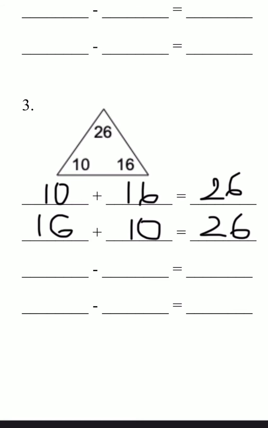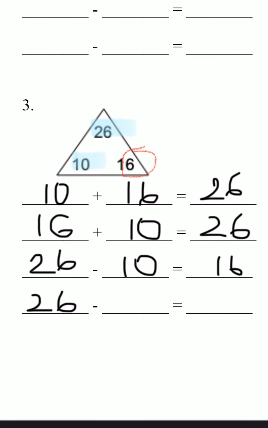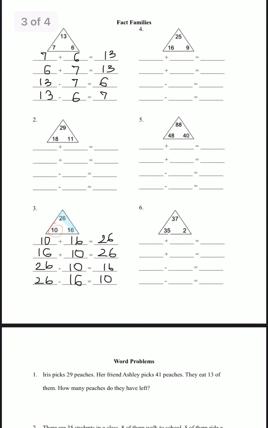Now we do 26 and 26. 26 minus 10 is going to be 16, because when we use these two numbers, 26 and 10, we have 16 left, okay? And that's going to be our number. And we are going to use 16 this time. So we did 26 and 16, so we have 10 left, so we're going to do 10. 26 minus 16 is 10, okay?